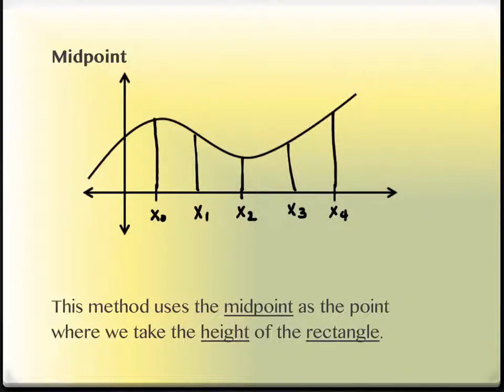I'm not going to write out a formula quite as nice and neat as I did on the previous ones because notationally it just really looks messy. I'd like for you to notice I still have 4 rectangles, right? Okay? But what I do on this method is I locate the place between these x values, and I come up here and I notice that there is a point at that x value for the height.